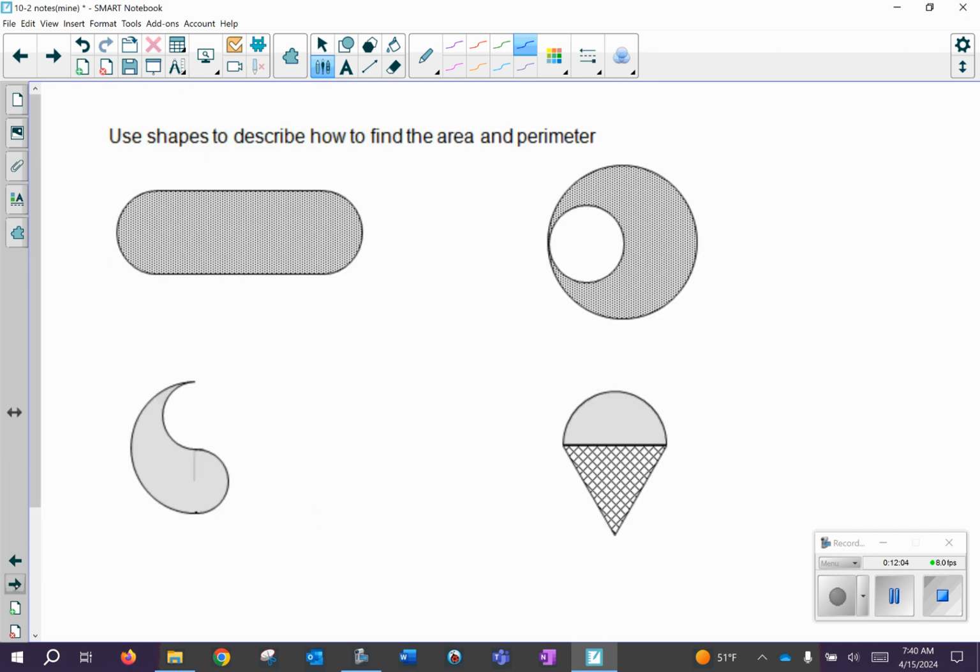All right, for these next ones, let's just describe how we would find the area and the perimeter. We won't actually calculate them because we don't have any numbers. Plus, that's just what we need to be practicing with. So when I see something that looks like this sort of capsule looking thing, then you want to know that this would be a half circle, a rectangle in the middle, and another half circle.